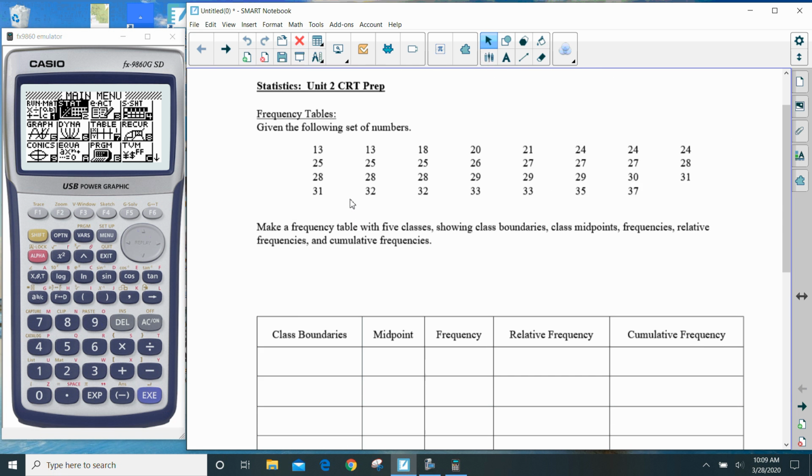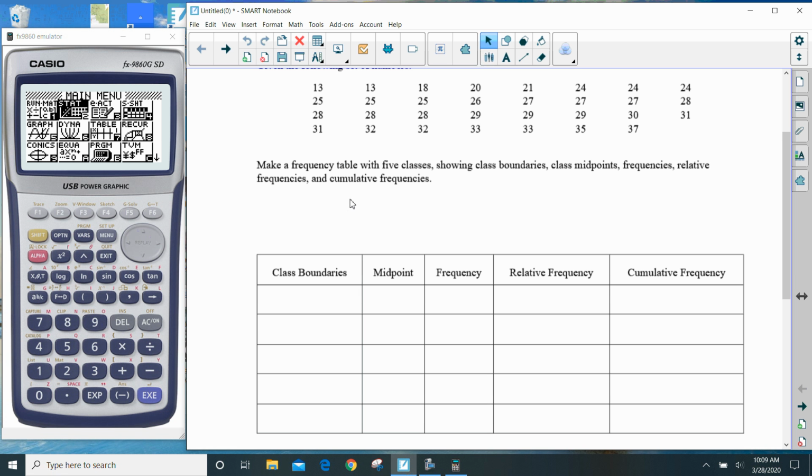All right, so the frequency table, if you recall, the most important part about this frequency table is that magic number. So again, what we do about the magic number is we take the biggest number and the smallest number, and we find the range of numbers.